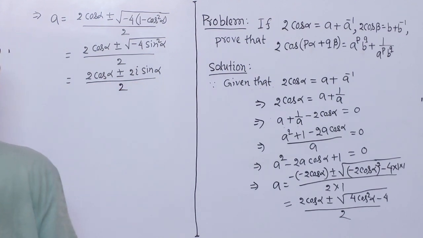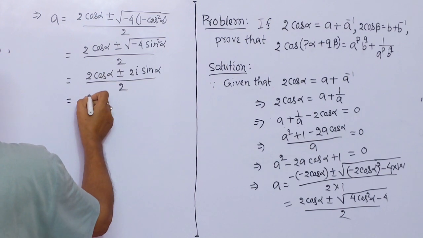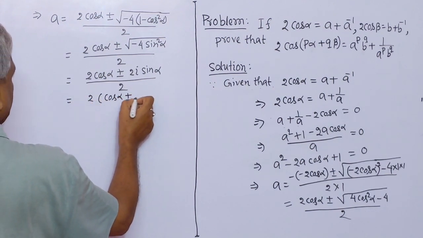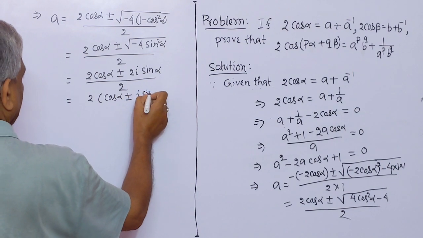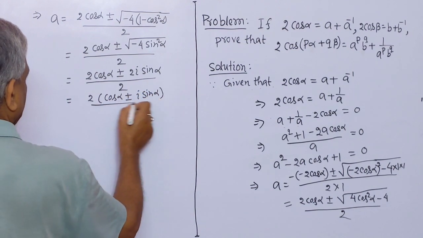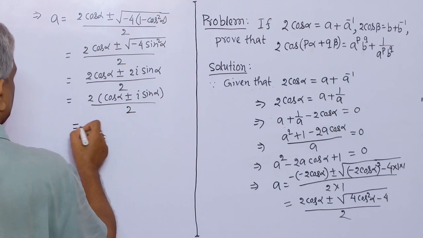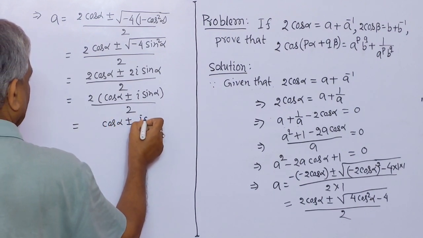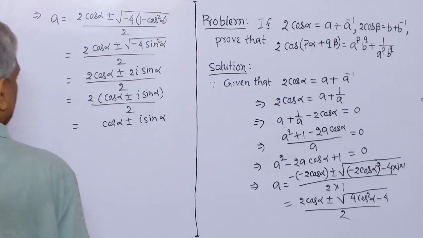Taking 2 common, a equals cos alpha plus or minus i sin alpha.